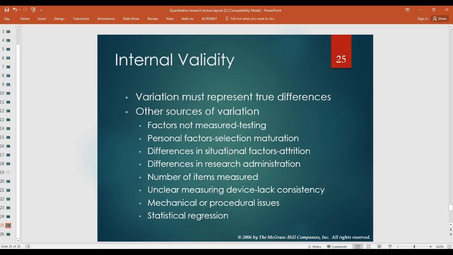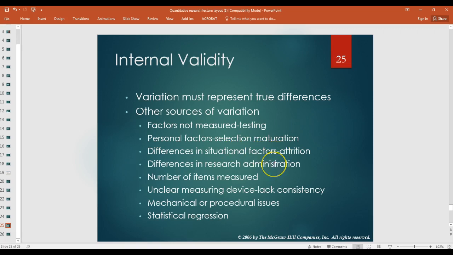Different weather, different setting, or one of the participants, something major happened to him, like death or depression or whatever, and they leave the research and the treatment, and then the other participants are either less in number, or they're affected or influenced or hurt by what happened to one of the participants. So this is situational factors. The situation happened within the process of the treatment to your groups.